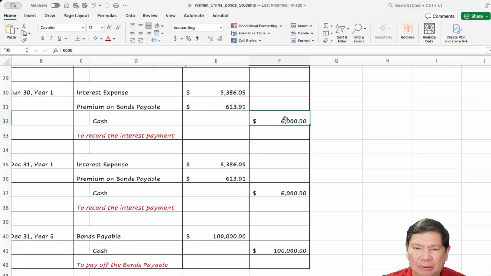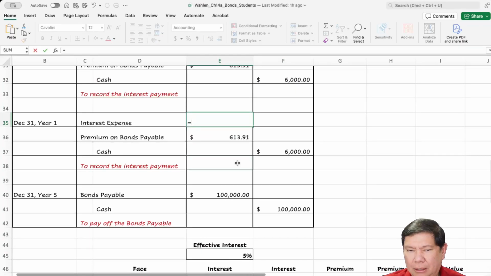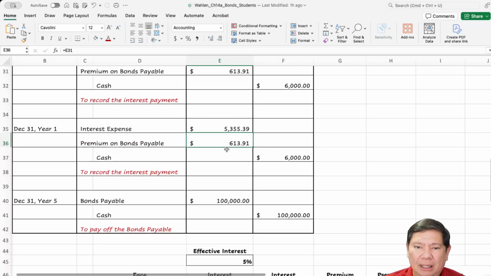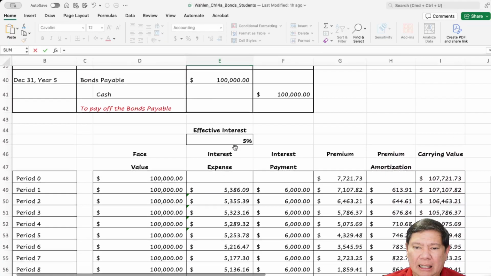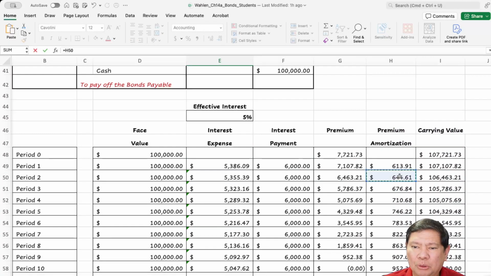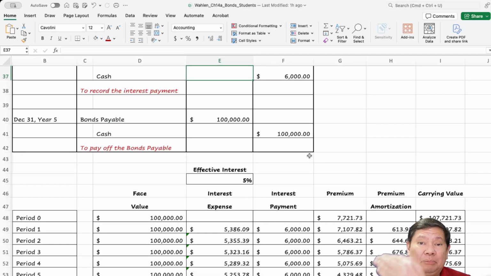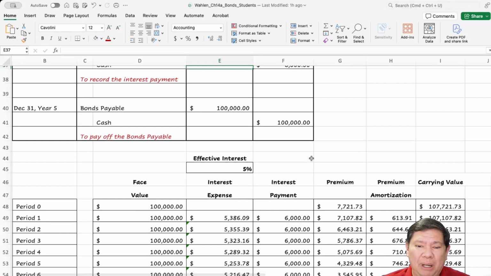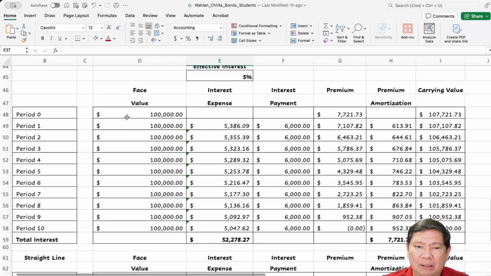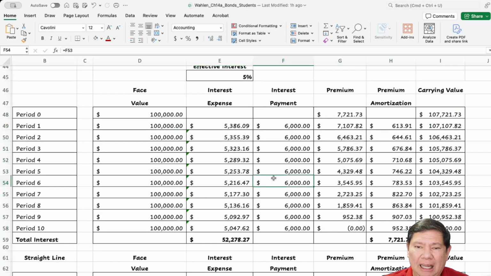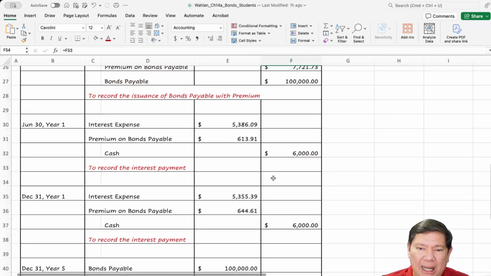The second 6 months, we move to the second row: that's the interest expense, and the amortization. And then you keep doing that: the third payment, the fourth payment, the fifth payment. That's why this table really helps if you have to do all those payments, to help you prepare the journal entry.